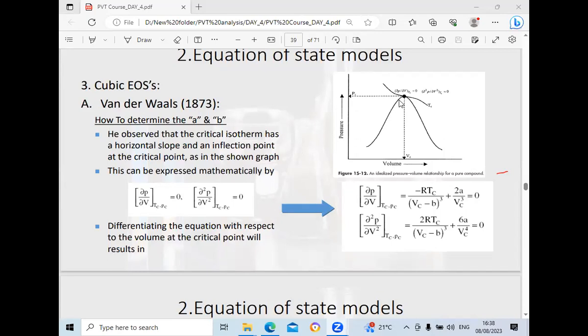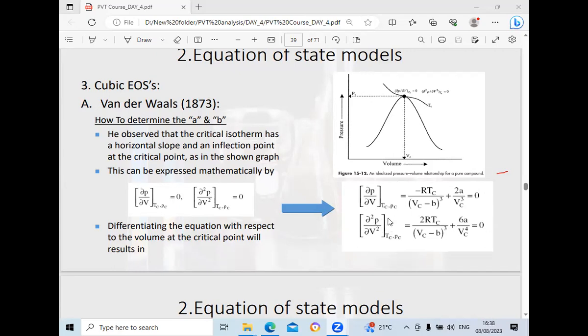At this maximum point, that derivative is equal to 0, and this point is always observed at the critical condition. So at critical condition, dP on dV will be equal to 0, and definitely the second derivative, d squared P on dV squared, will also be equal to 0.